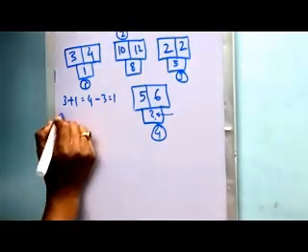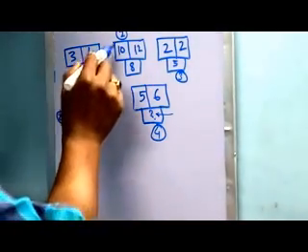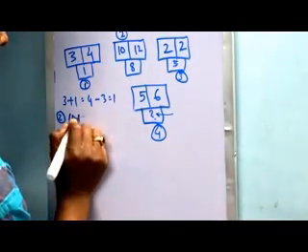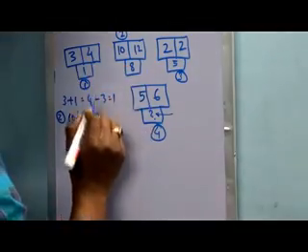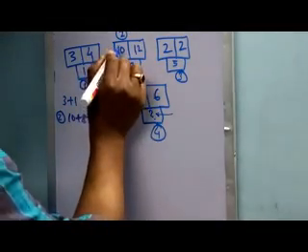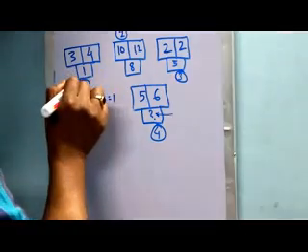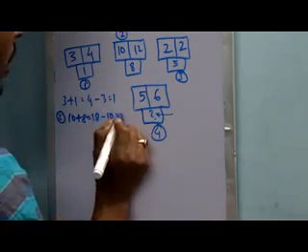Similarly, in case of diagram 2, add these two numbers, 10 plus 8 equal to 18. Now if we subtract the top left number as I have already done in figure 1, 18 minus 10 equal to 8.